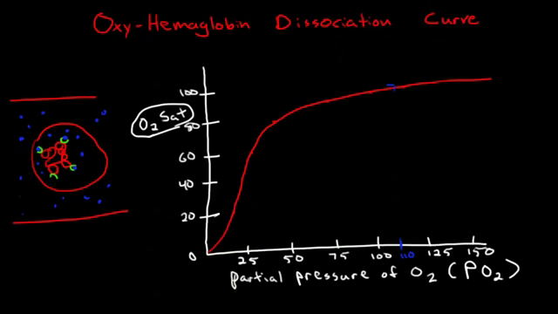Okay, now the first thing that I want to talk about is a right shift in the oxygen hemoglobin dissociation curve. And what a right shift means is that if you look at the most perpendicular part of the curve, somewhere in the middle of the curve, if we shift that part of the curve to the right, that's called a right shift. So a right shifted curve, you're going to have the same shape of curve.